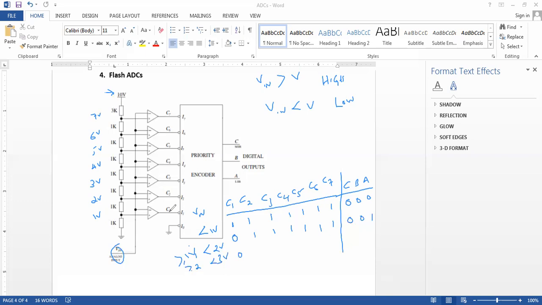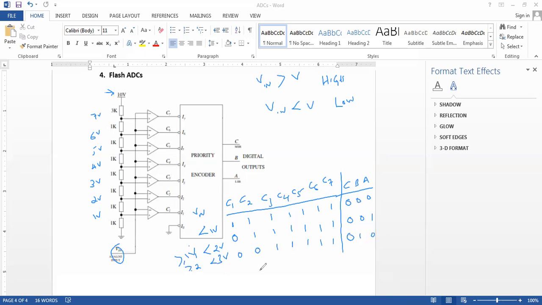Here we are comparing a voltage again which is greater than 2 with 2, the output will be 0. But since that voltage is less than 3, then C3 all the way to C7 will be 1, 1, 1, 1, 1. And at that point, the output code will be 0, 1, 0.